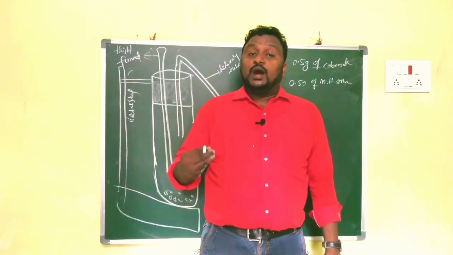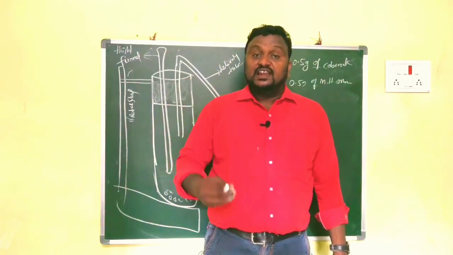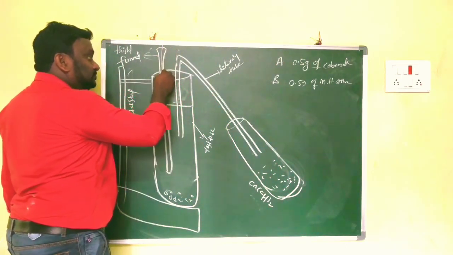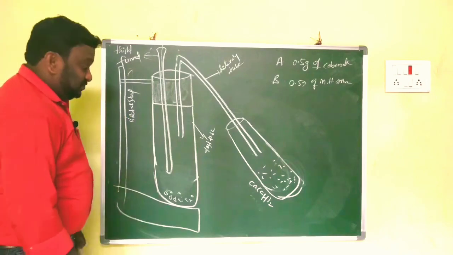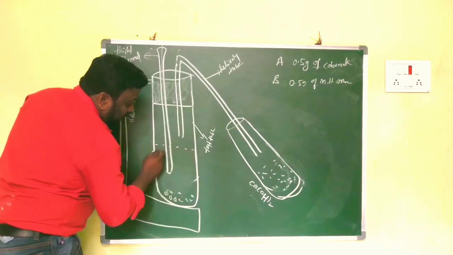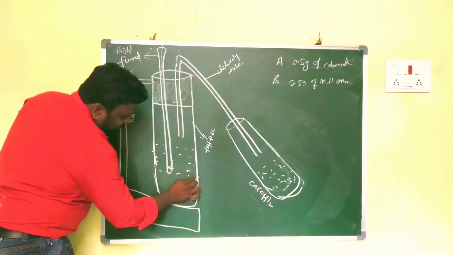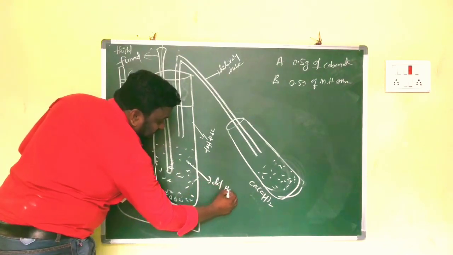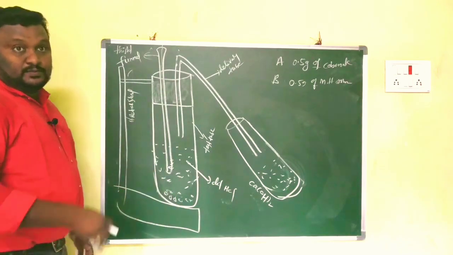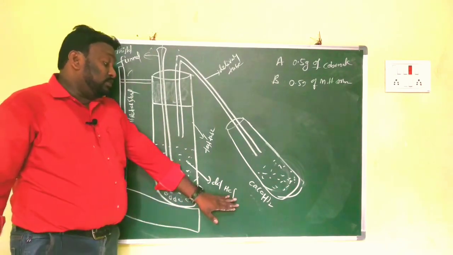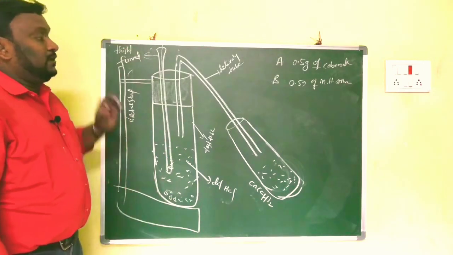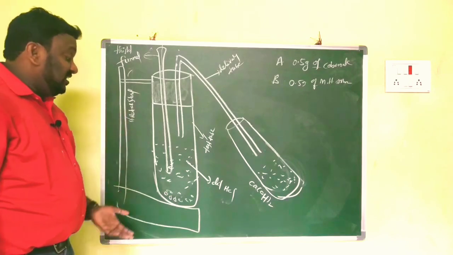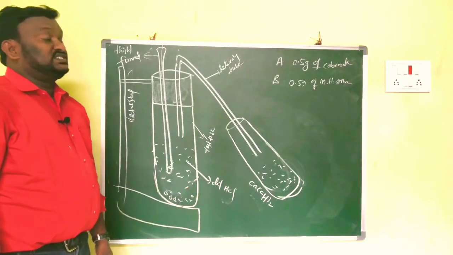After that we take dilute HCl and pour it with the help of the funnel. Clear? Up to some level we pour it. This is the dilute HCl. Then the reaction happens between the sodium carbonate and HCl.